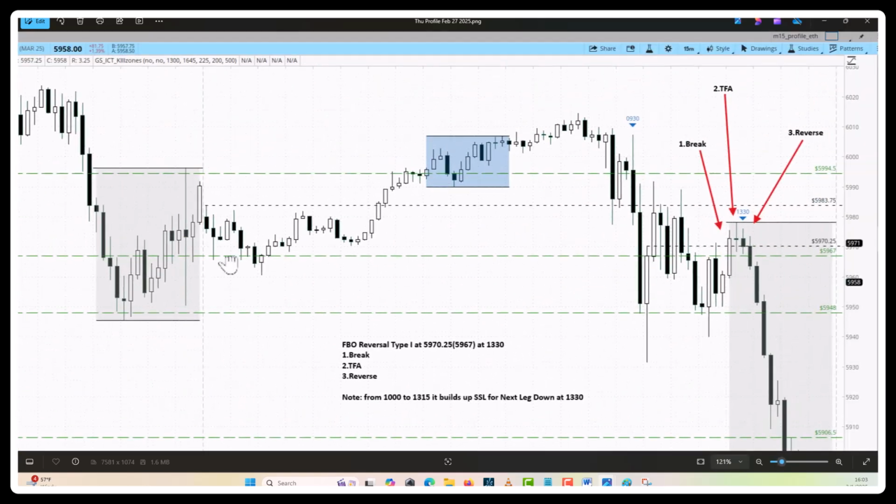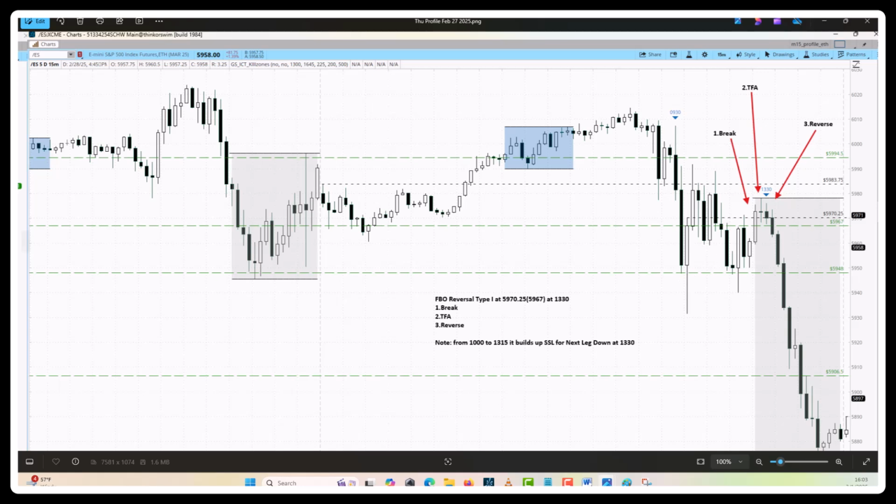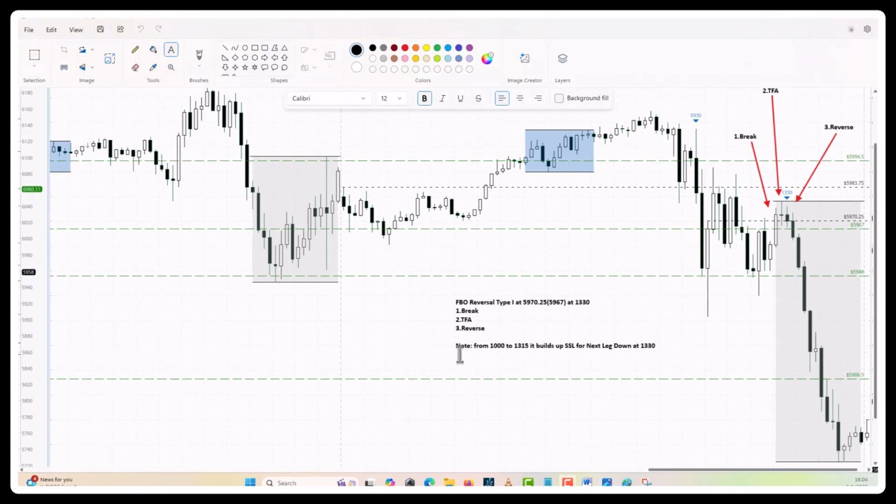when it opened at 18, it opened above the 59.67, but the 45, yeah, I think we need to put that note in there real quick. So we put another note in here: open 1800 is above the key level 59.67 right there.